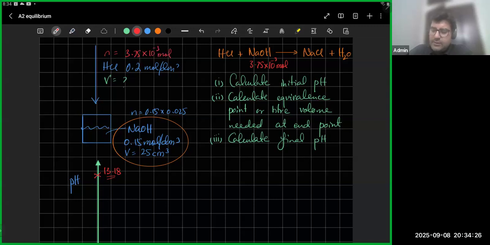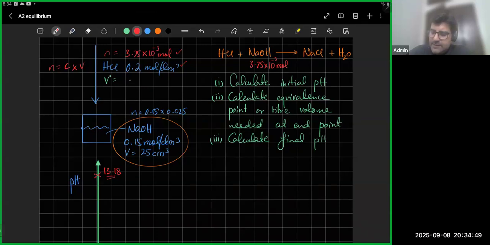So you have the moles, you have the concentration, so you can find the volume for HCl. Moles is concentration times volume, so volume would be moles divided by concentration.